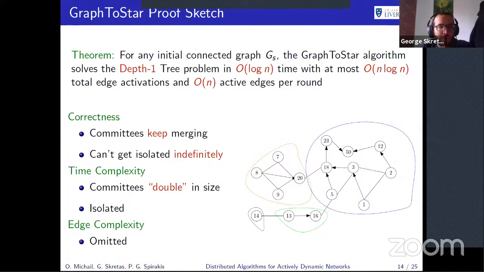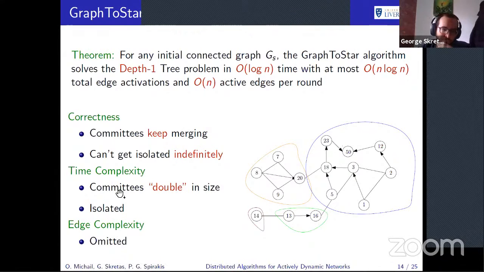It is not possible for any committee to stay isolated indefinitely, like committee 14 here, because even if its neighbors do not pick 14 and pick someone else, after they finish merging at some point, 14 will select the other one that had a higher ID. This is why we'll only have one final committee left.